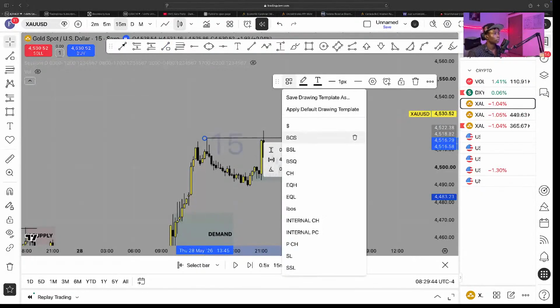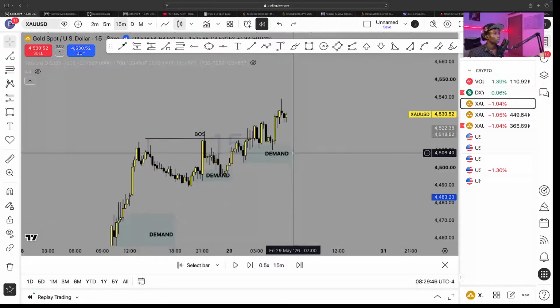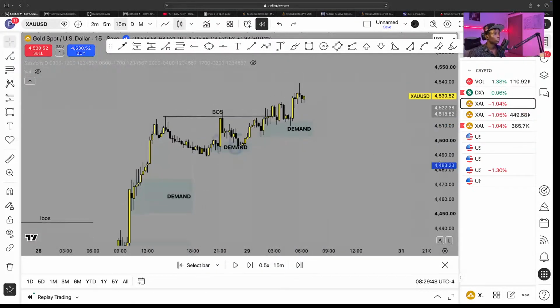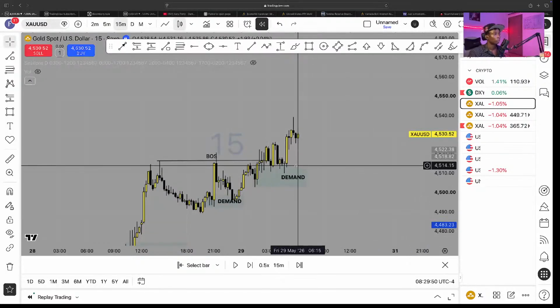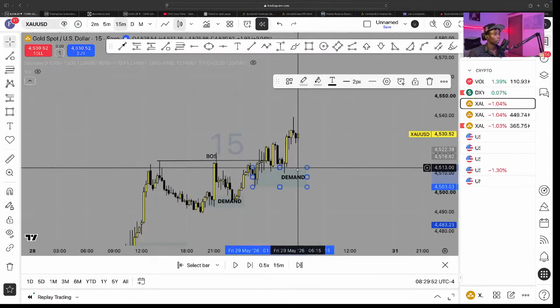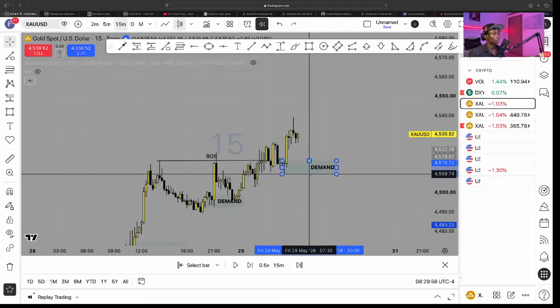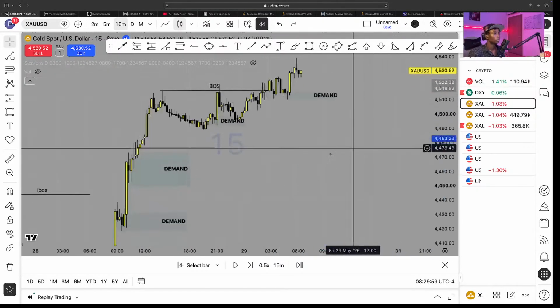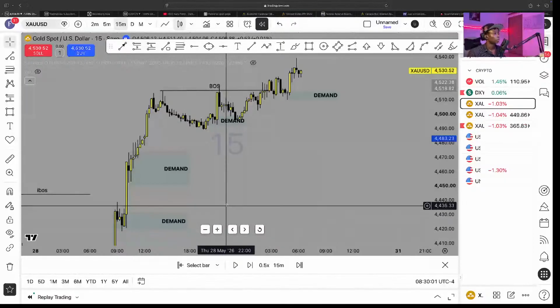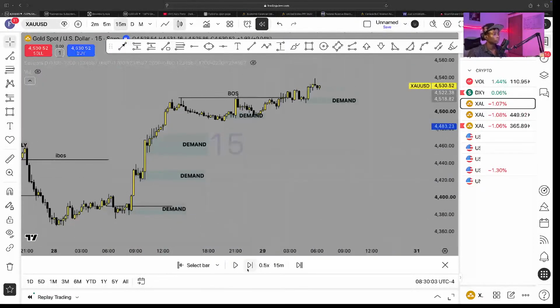I'm going to label that. So this is the new demand. This is the new demand zone at this point.